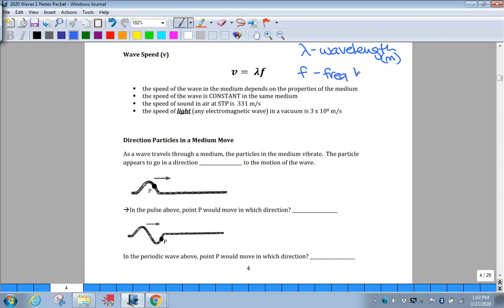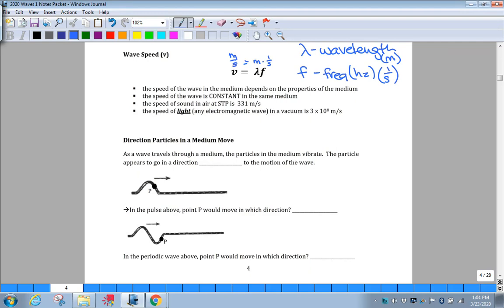And remember, frequency, yes, we use hertz as the honorary unit to name it after and honor Hertz, but it's really equal to 1 over second. So if you look at what we're multiplying, we have wavelength in meters, frequency in 1 over second, so that gives us the unit for speed, meters per second.